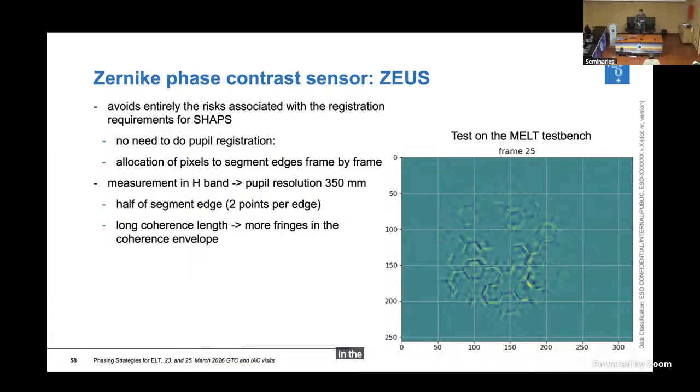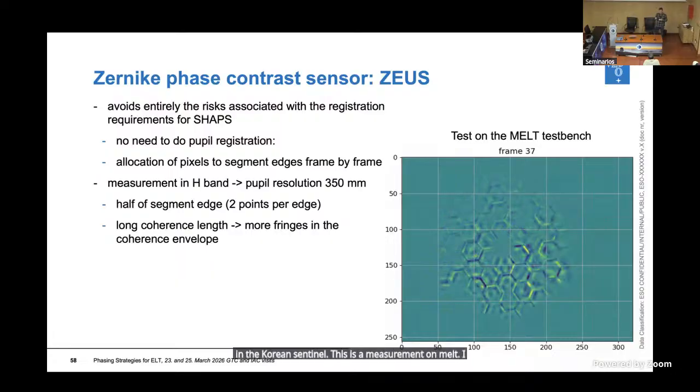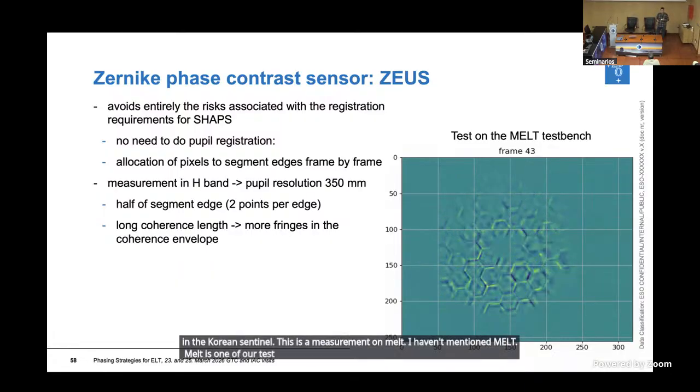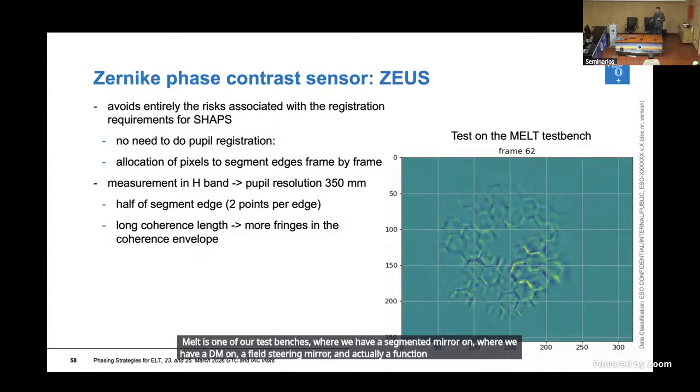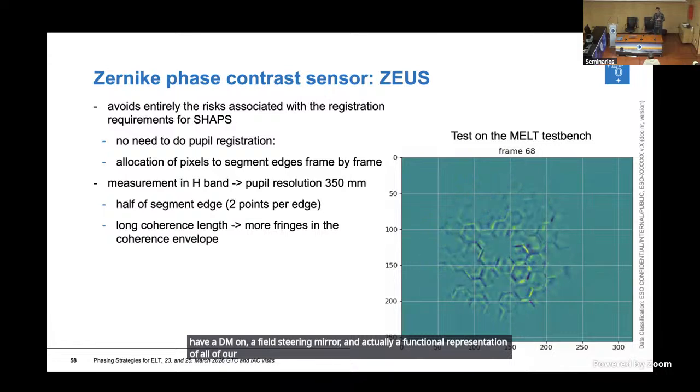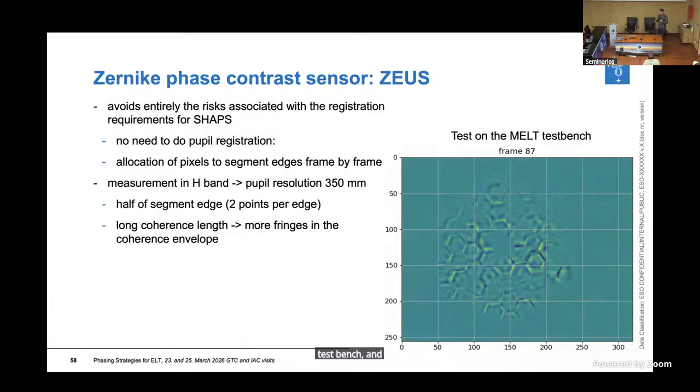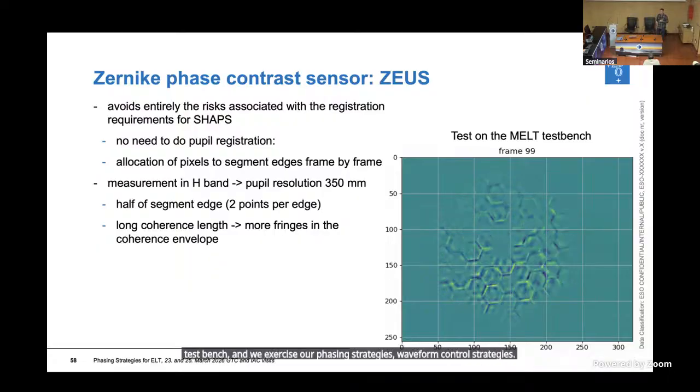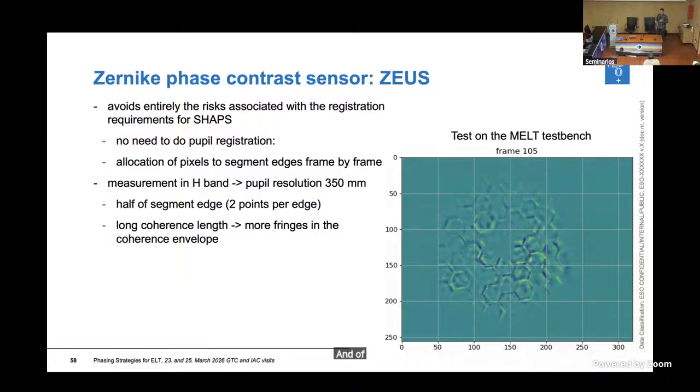coherence envelope. This is a measurement on MELT. I haven't mentioned MELT. MELT is one of our test benches, where we have a segmented mirror, a DM, a field steering mirror, and actually a functional representation of all of our phasing and all of our PDS sensors. So this is in place. It's a laboratory test bench, and we exercise our phasing strategies, wavefront control strategies, and of course the concurrent development of the control system.